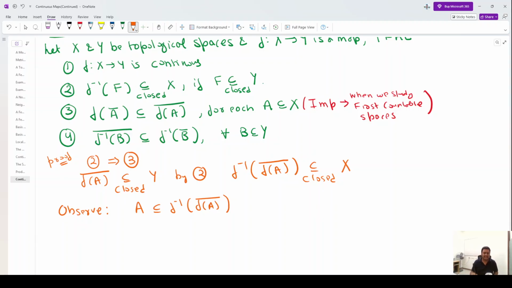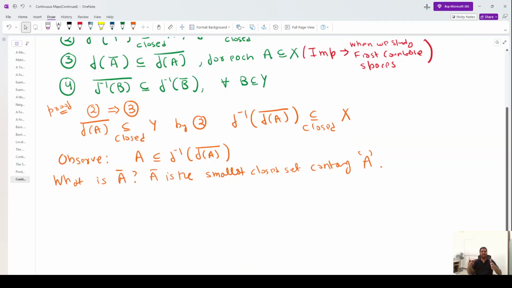Now tell me, what is the closure of A? The closure of A is the smallest closed set containing A, right?